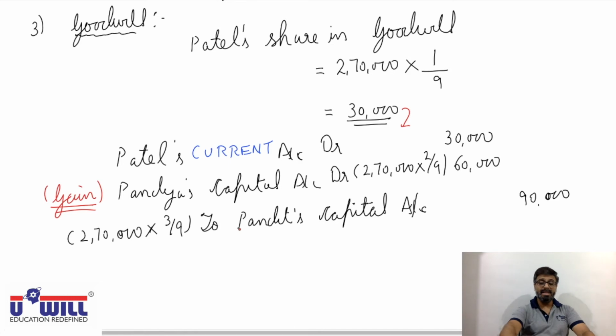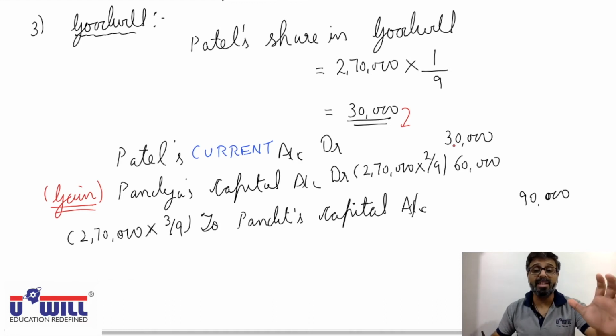Old partners have decided that they will maintain their capital on the basis of the capital brought by the new partner Patel, which is 50,000. If you debit Patel's capital account with 30,000, then his capital of 50,000 will decrease by 30,000 and become 20,000, as a result of which the base will change.